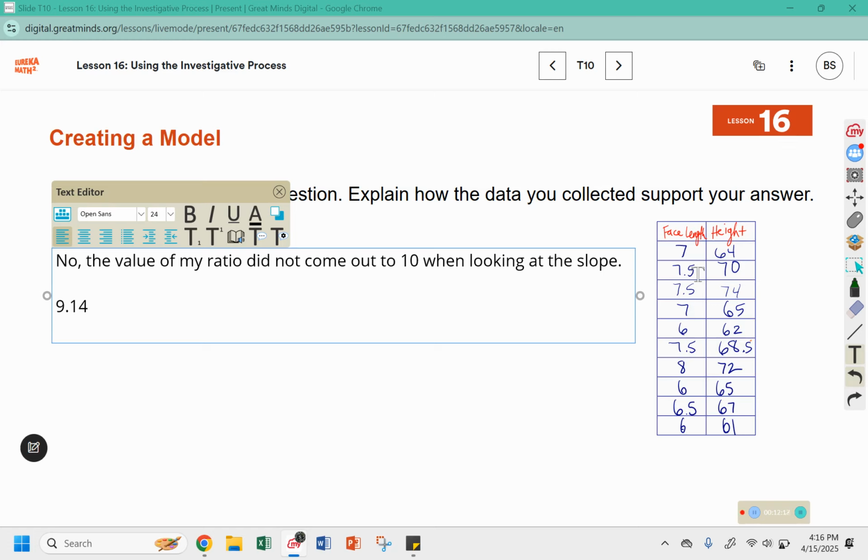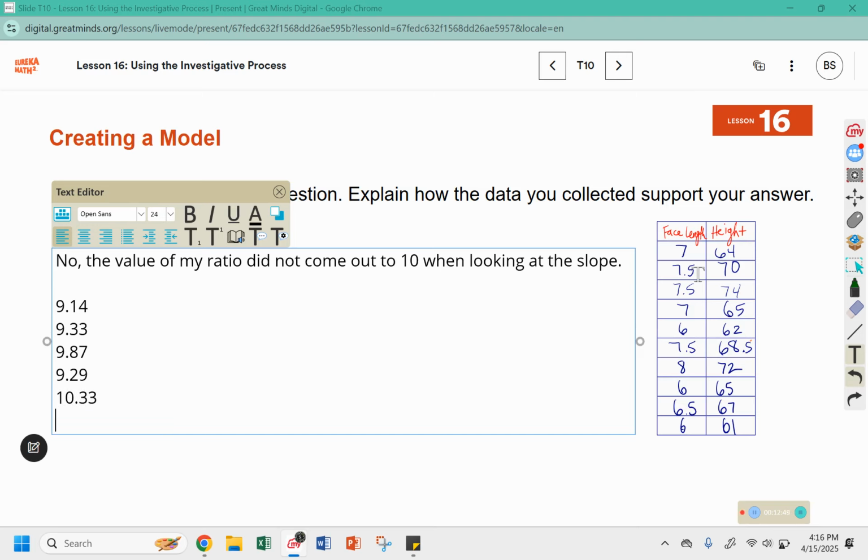If I did 70 divided by 7.5, that's a ratio of about 9.33. 74 divided by 7.5 is 9.87 when it rounds. 65 divided by 7 is 9.29 rounded. 62 divided by 6 is 10.33 when we round.